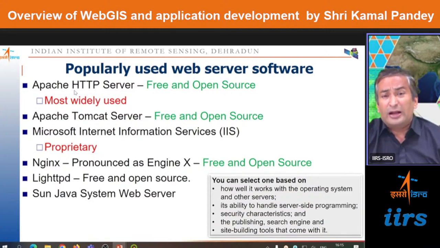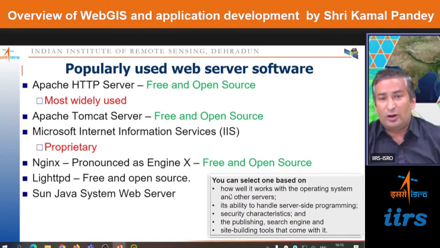Now which one to select? First, how well it works with the operating system. You have to see which web server works well with which operating system. What operating system you are using defines which one to select. Then its ability to handle server side programming, which programming languages they are able to handle, like Python, PHP, Java, or which kind of backend programming language.